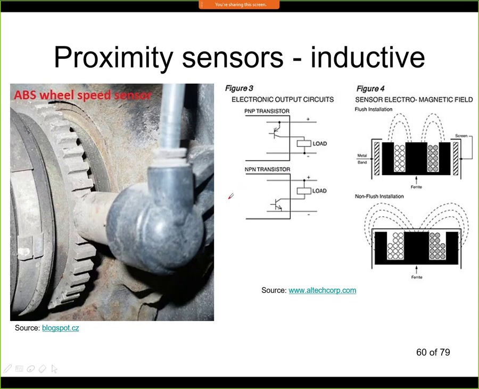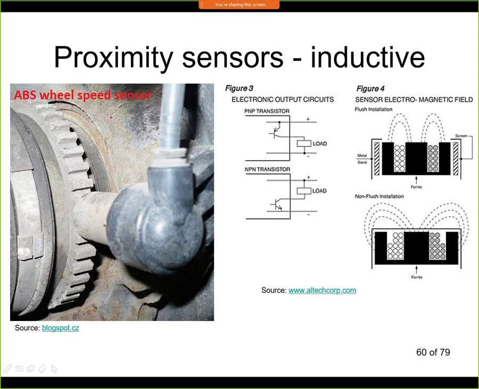Let's take a look at some applications where you can actually find proximity sensors. You can see this picture on the left hand side. This is an ABS wheel speed sensor, so it's an automotive application.